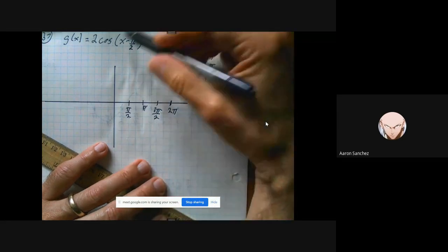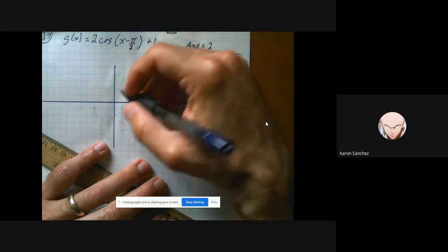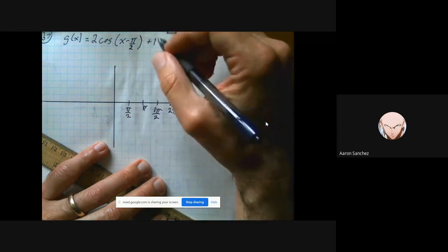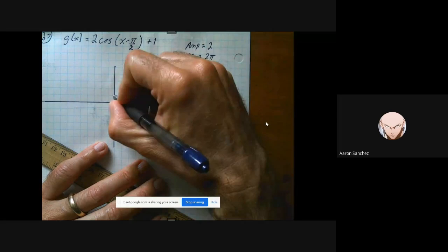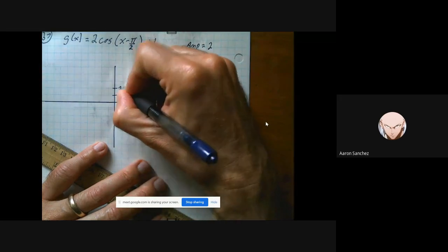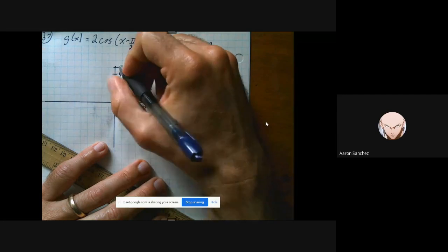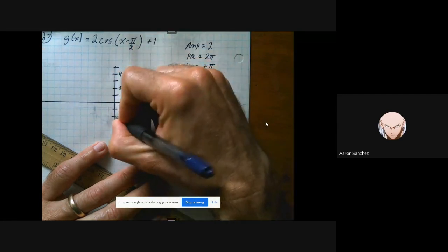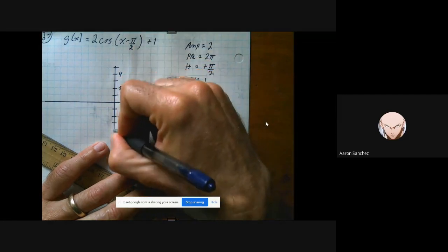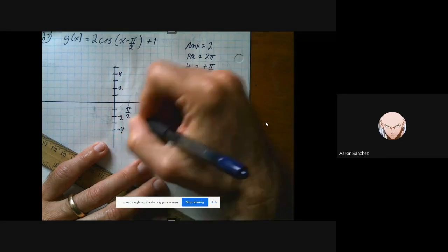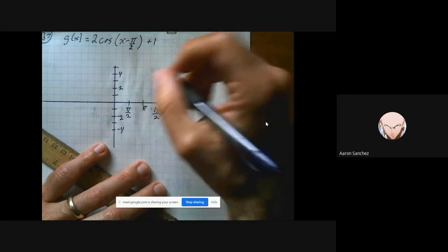Now, amplitude of 2. So I'm going to do these increases of 1. Let's go 1, 2, 3, 4, 5, 6, and negative 1, -2, 3, -4, 5, 6. And let's set this one up.